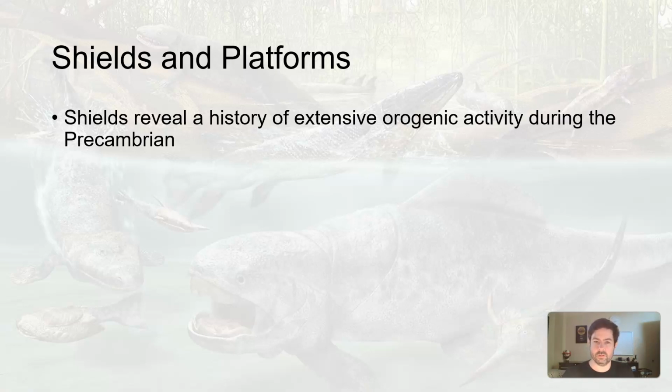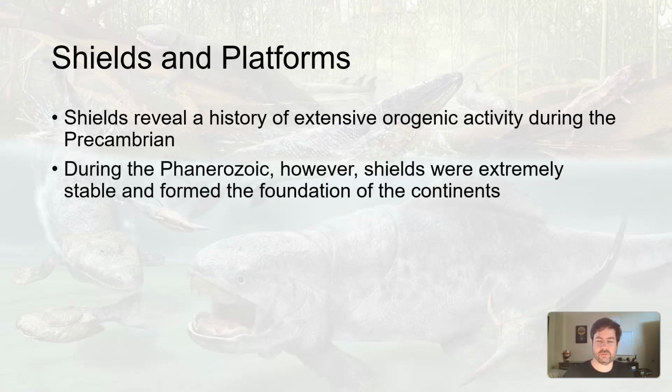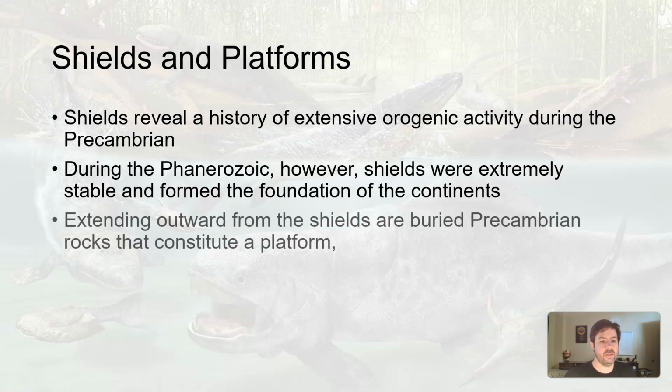Those original rocks that were put in place, by this time, as we're getting to the Paleozoic era, nothing is really happening to them. And the shield is the exposed original crustal material of a continent. So again, shields were extremely stable by this point in the Phanerozoic eon and the start of the Paleozoic era.